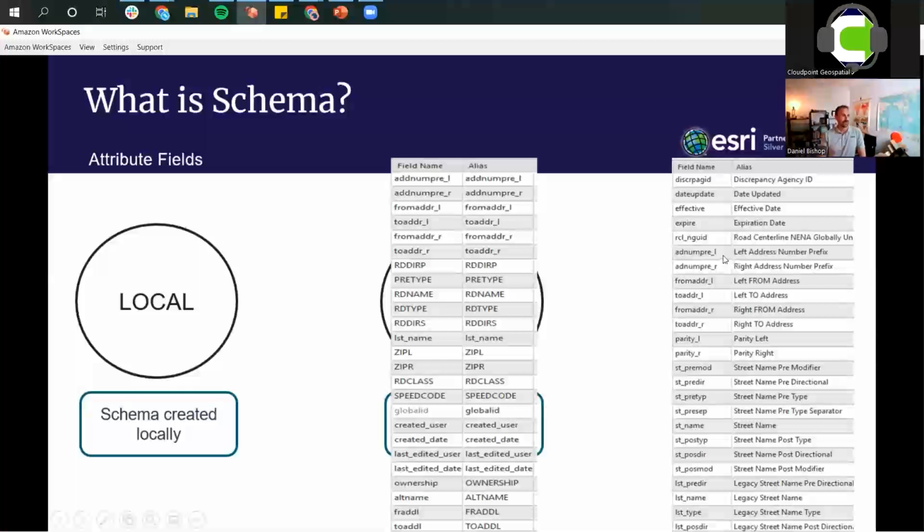And then we have over here our from address L and to address L. So there can be alignment between CAD software fields and NENA fields. However, there almost always are differences between these two. Those differences are where it gets tricky, and where we need to make sure that we're maintaining both data sets to the requirements that each standard asks for.